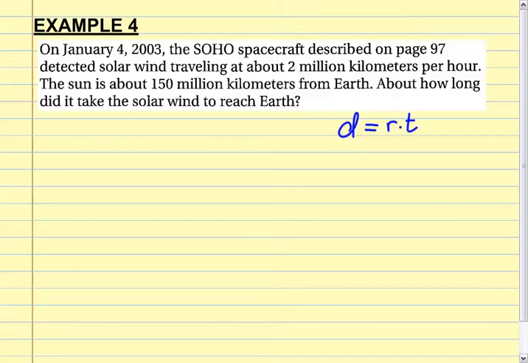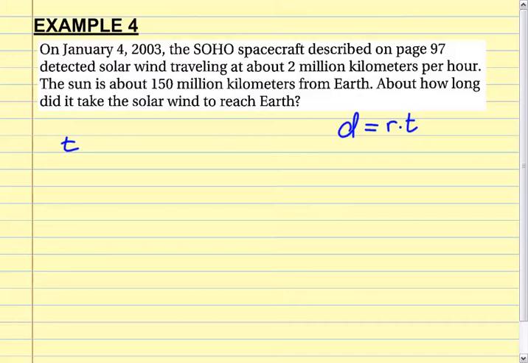Time, T. This is the letter I do not know. Do I know the distance? I do. Do I know the rate? I do. Do I know the time? I don't. But I'm going to solve for it.